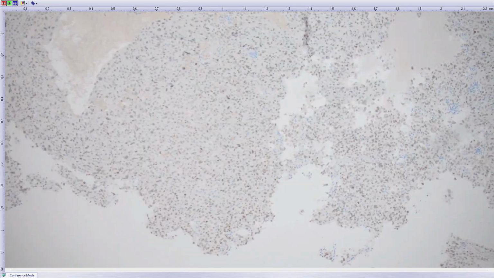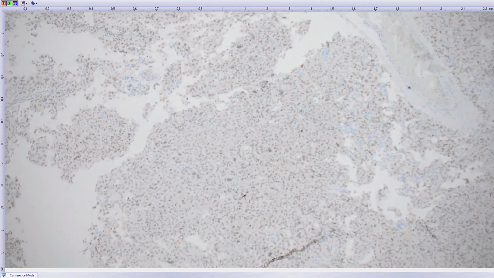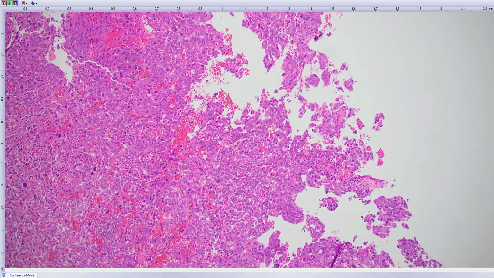And last one, PHOX2B, which is a marker for neuroblastoma, but has been shown to be useful also for paraganglioma and pheochromocytoma. There is some moderate to weak but diffuse expression outside. I think this is just a weird morphology for paraganglioma or pheochromocytoma.